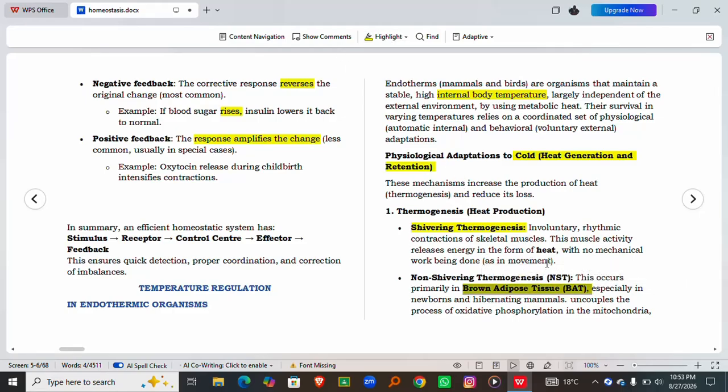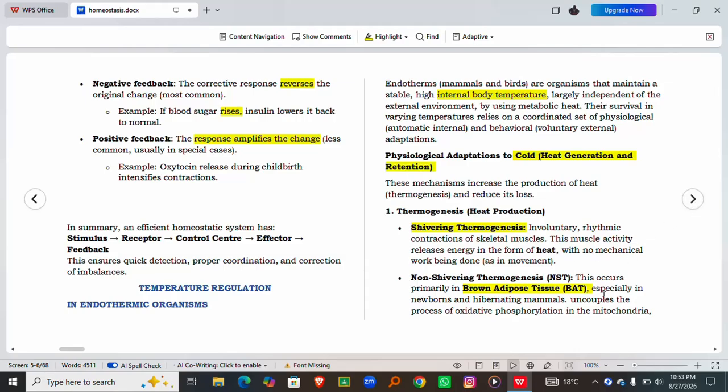The brown adipose tissue, for example in newborns and in hibernating animals, helps to conserve heat, and it helps in breaking down ATP so that the ATP that has been manufactured can easily break down and release the heat.